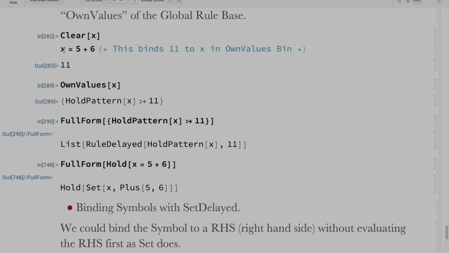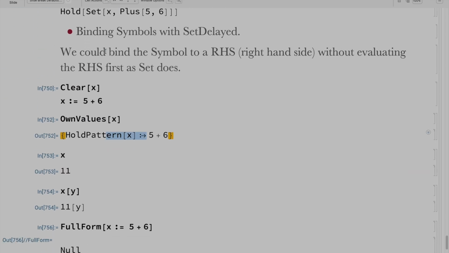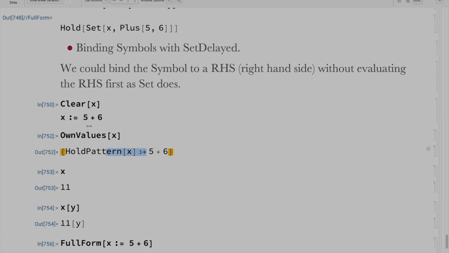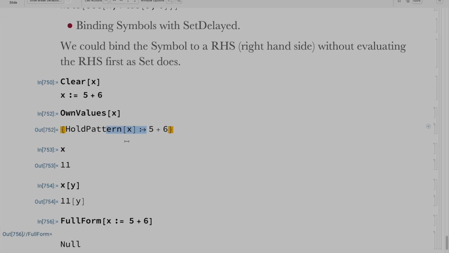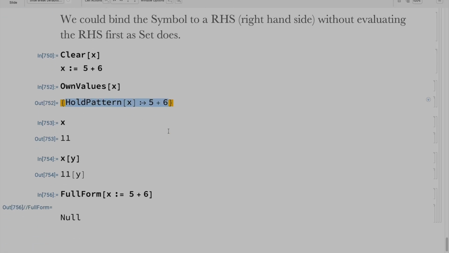Previously, X equal evaluated to 11 because this is not SetDelayed, this is just Set. So the right-hand side evaluates. So its behavior is that it spits out whatever the right-hand side is. However, SetDelayed's behavior is that it spits out Null when it evaluates, but it has a side effect of adding this pattern to the rule base.